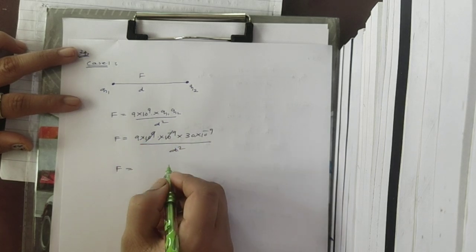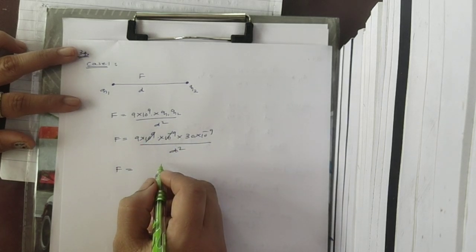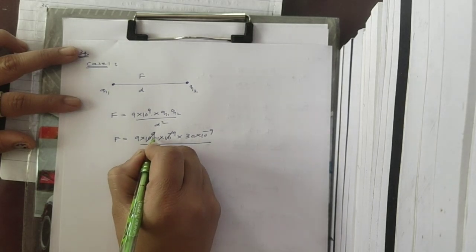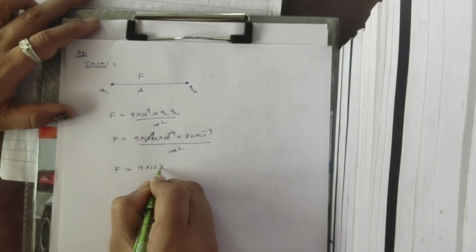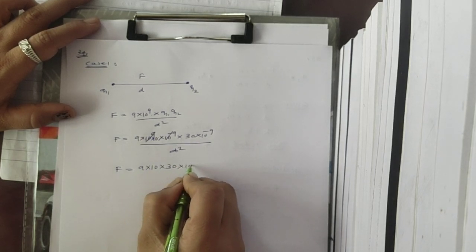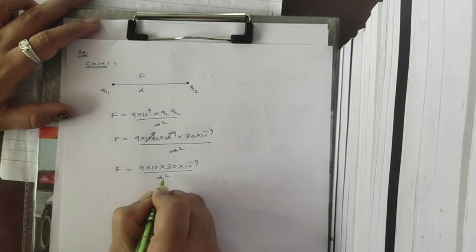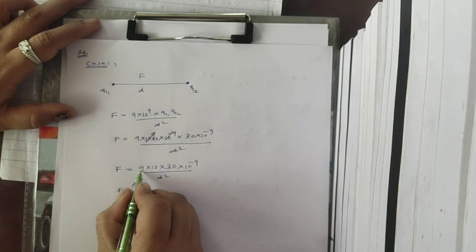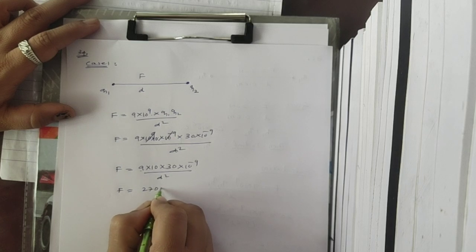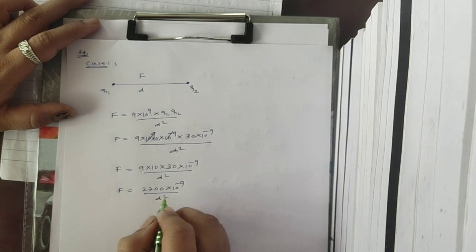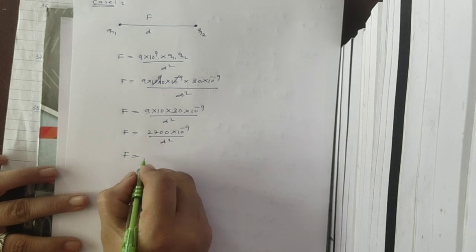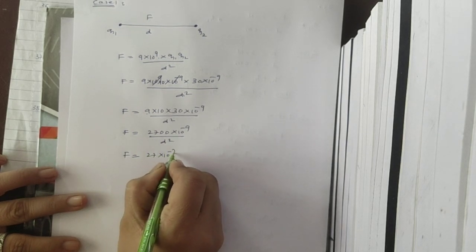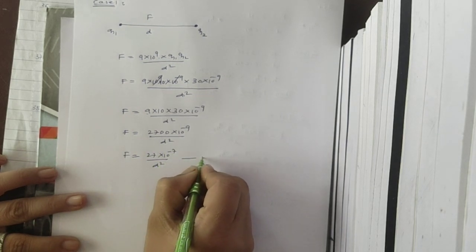Plus 9 minus 9 cancels. F equal to 9 into 10 into 30 into 10 to the power minus 9 divided by D square. So F equal to 27 into 10 to the power minus 7 divided by D square. We will call this equation 1.